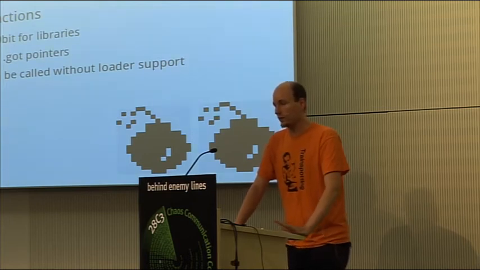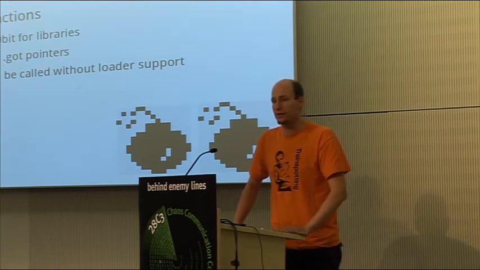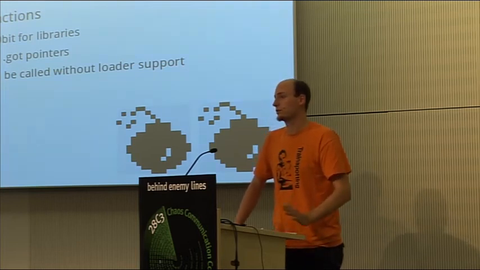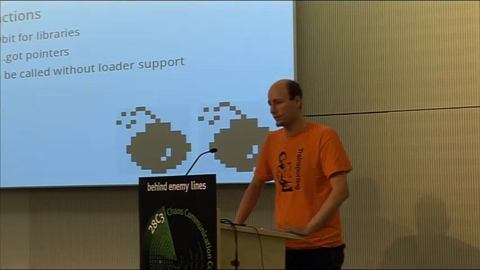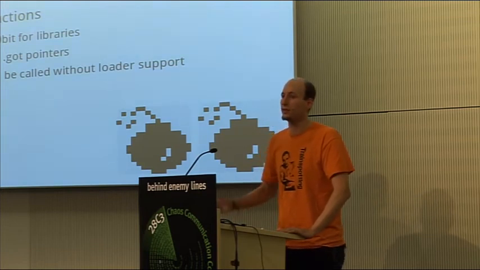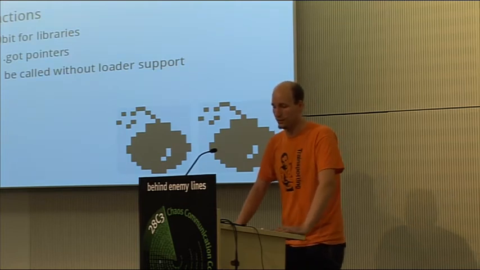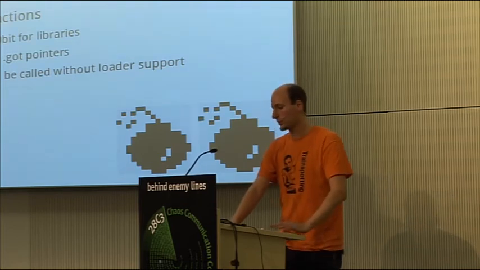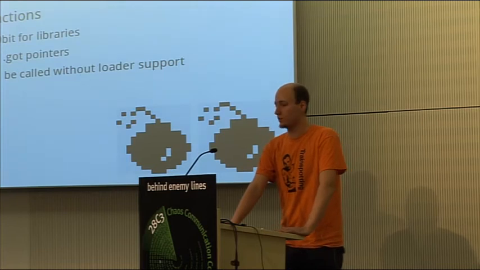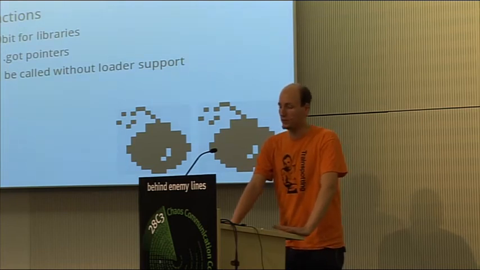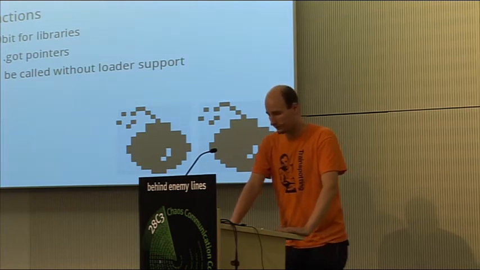So we assume that the attacker has access to the binary, so the attacker can just disassemble the library and check the offsets between the locations. If we have one pointer into the library, we can resolve any other function in that same library and just add and adjust the offset in the end. So we can call any hidden function, for example, a nice system function, without any loader support.